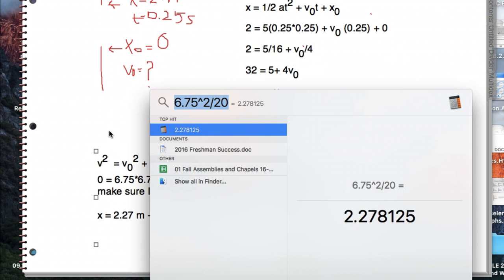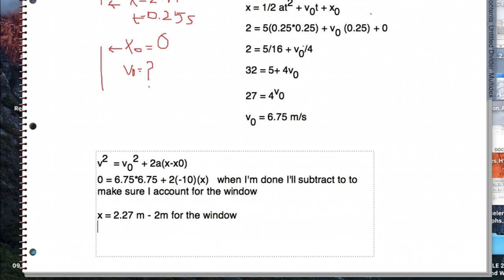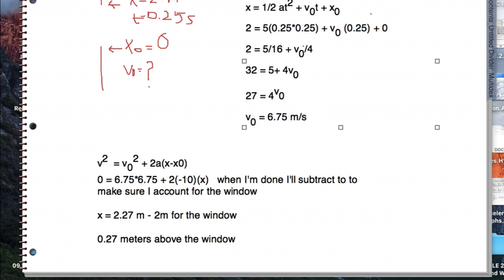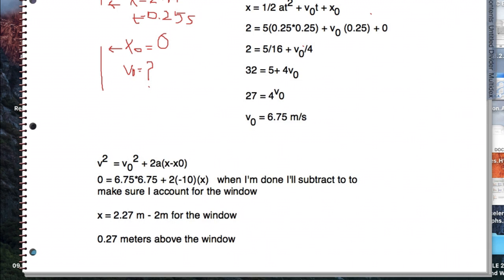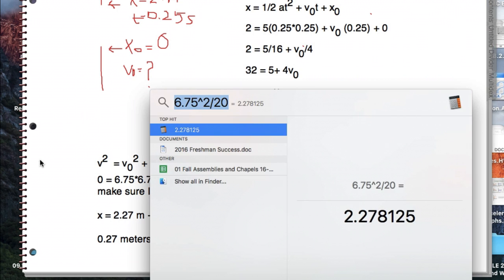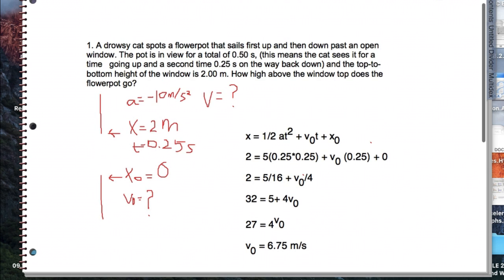So 2.27 minus 2 meters for the window gives me 0.27 meters above the window. I'm going to absolutely double check that I have this right. So I have v squared divided by 20, yeah, so 2.28, sorry, minus the 2 meter window distance, giving me 0.28 meters above the window. So that's how I got that answer. All right.